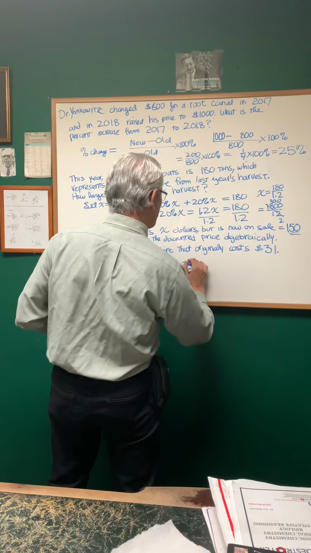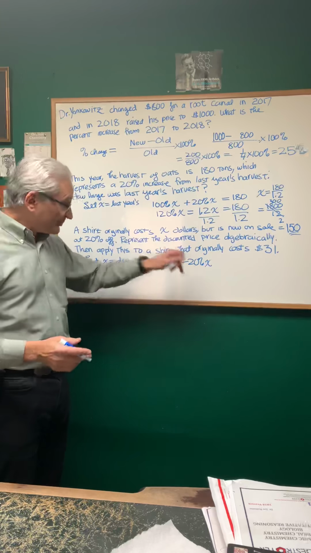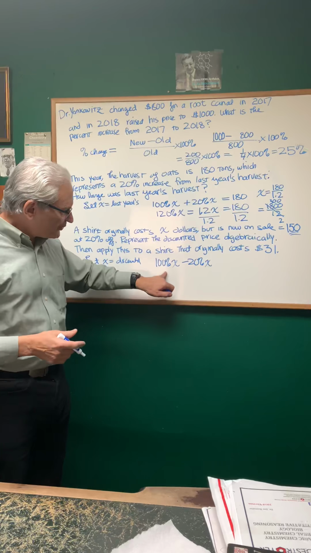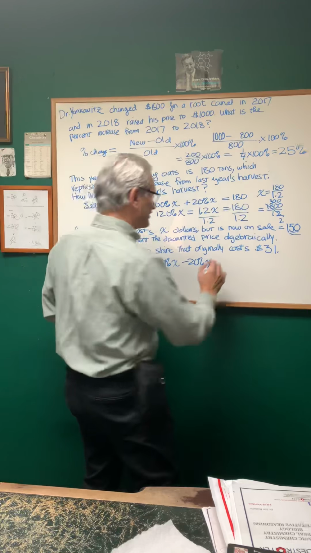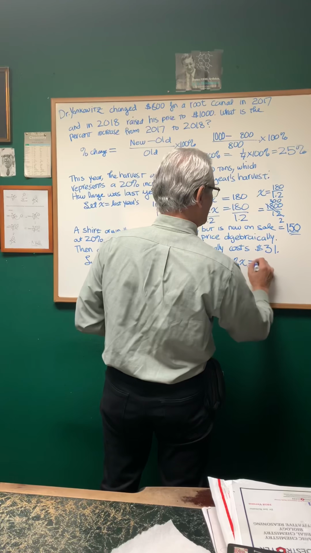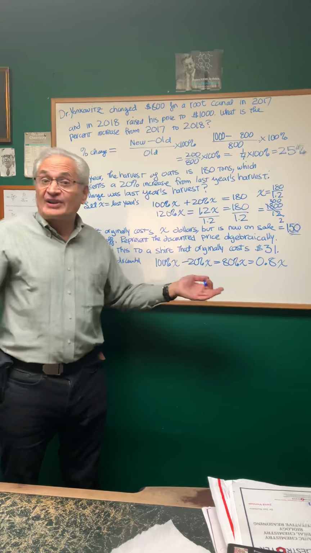That means we're subtracting 20% of the price from the full 100%. Well, 100% of X minus 20% of X is equal to 80% of X. And if we want to represent that more succinctly, it's 0.8x.